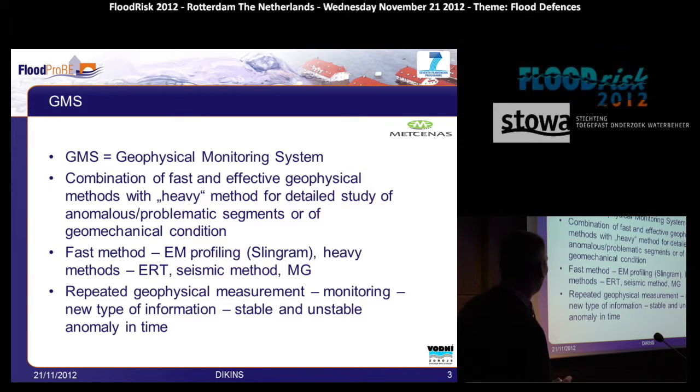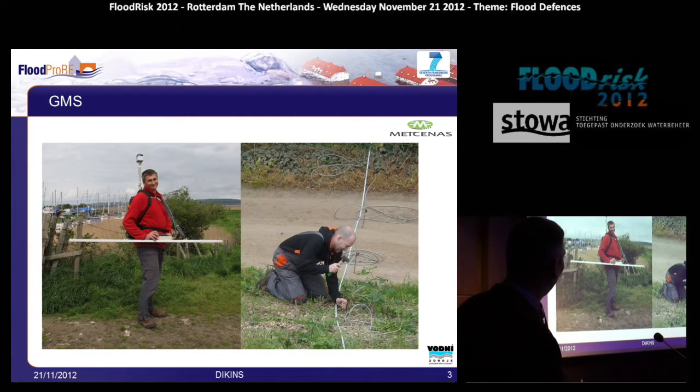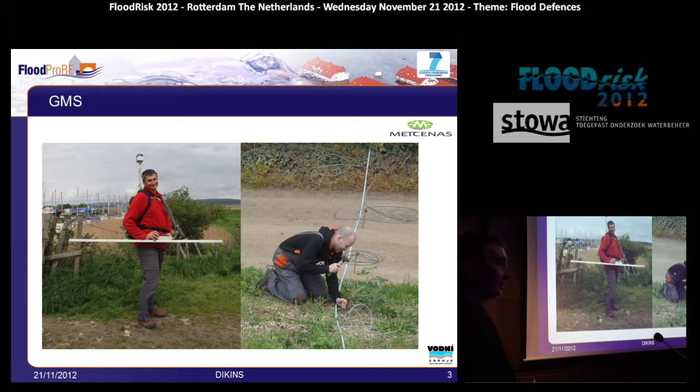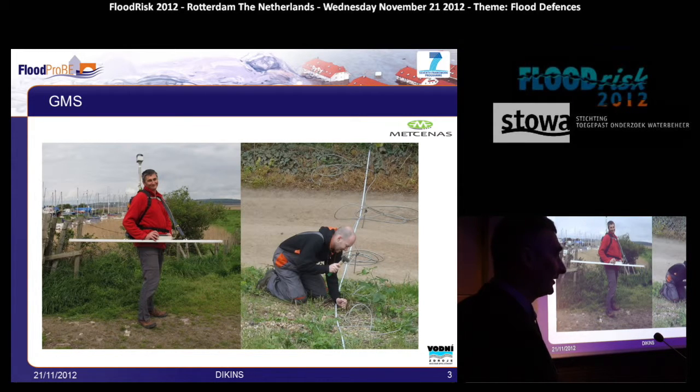In this methodology we also use analysis of repeated geophysical measurement, which can help us to see or interpret possible seepage areas. We name this type of anomaly an unstable anomaly. I think when you look at the face of this man, it is clear which method is fast and effective and which one is heavy, I hope.